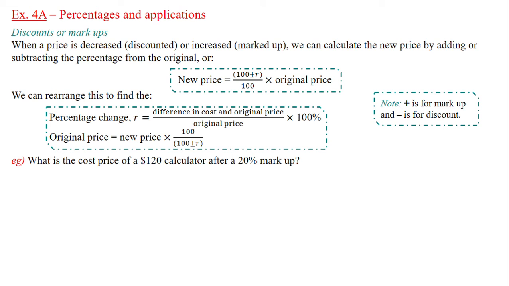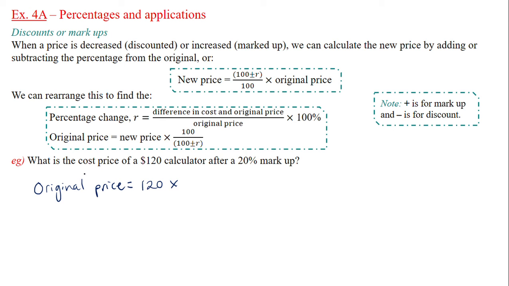We'll try it with an example. So what is the cost price of a $120 calculator after a 20% markup? So we are trying to calculate the cost price, also known as the original price, okay? So cost price or original price. The new price here is $120, and we need to multiply that.